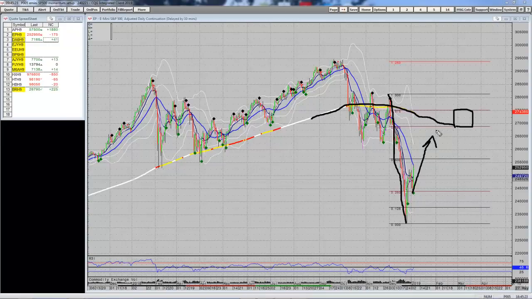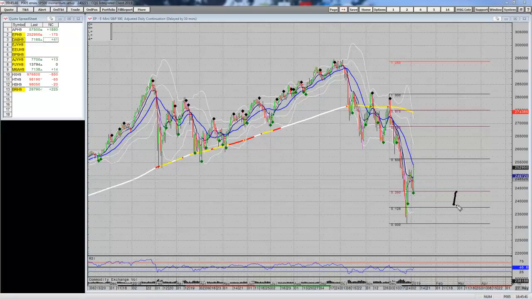So as prices go up, that will head into that area. So just from that point of view, I could see higher prices.